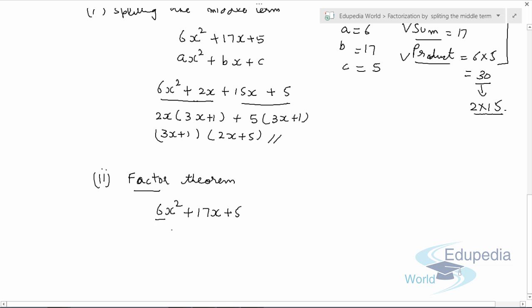What we get is 6x square by 6 plus 17x by 6 plus 5 by 6, which gives x square plus 17 by 6 x plus 5 by 6. So this is our equation.